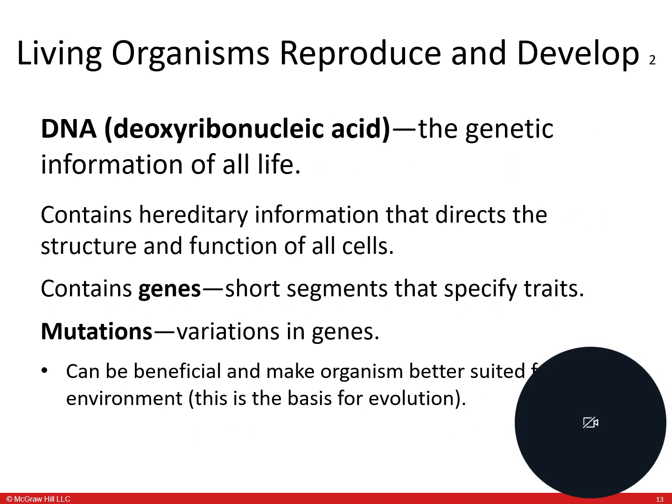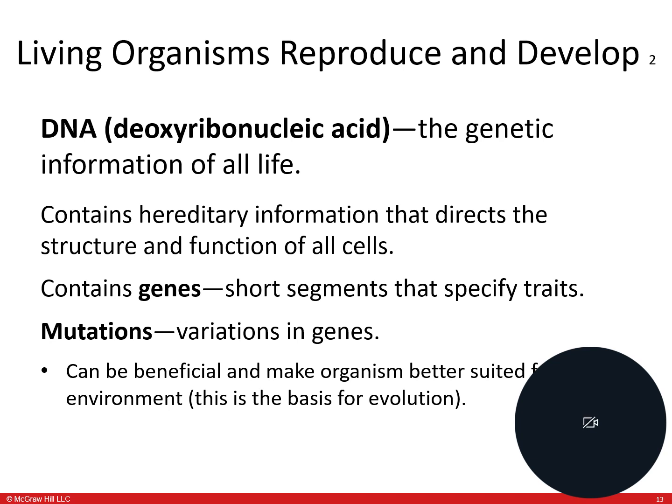All right, so what determines what our genes are, right? What are genes? What are mutations? What is DNA? So DNA is another three-letter word, deoxyribonucleic acid. It's its official term. I'm certain that you've heard of it before. And basically the DNA is the stuff that makes you you. It's the blueprint for what you turned out like, right?